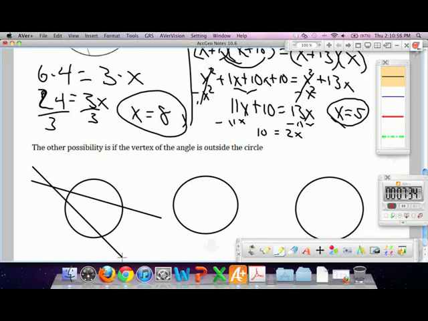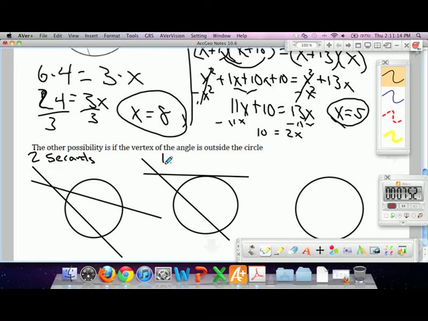You could have a tangent and a secant. So you could have two secants. You could have one tangent, one secant. And what's our only other choice, really?